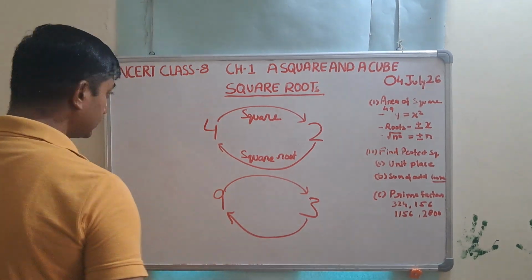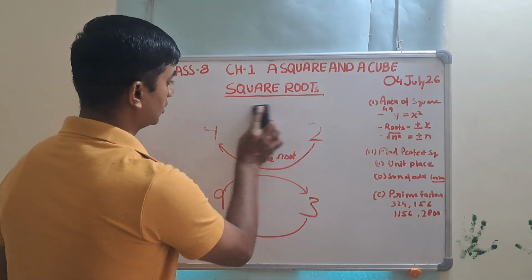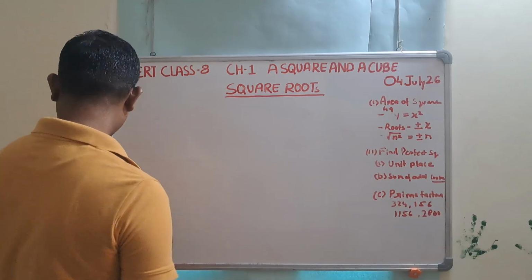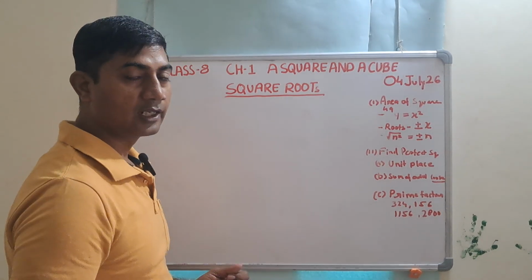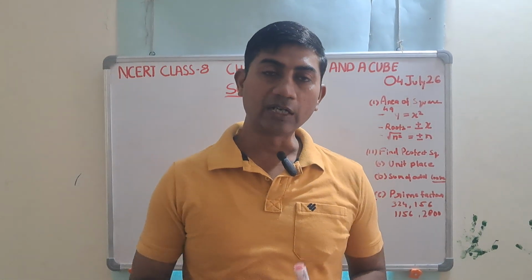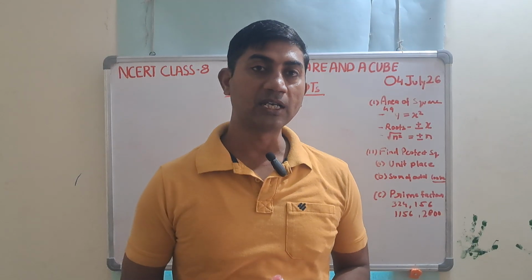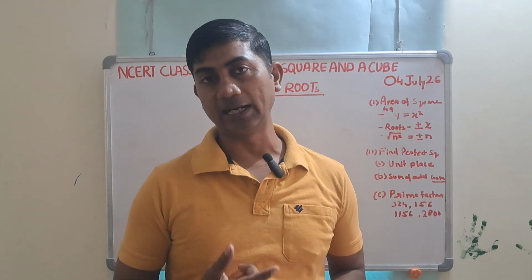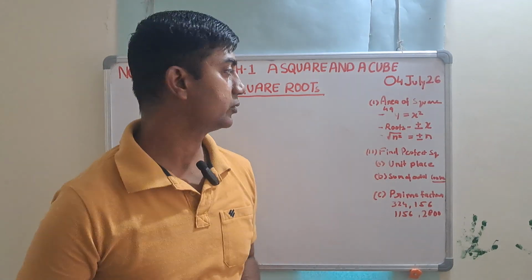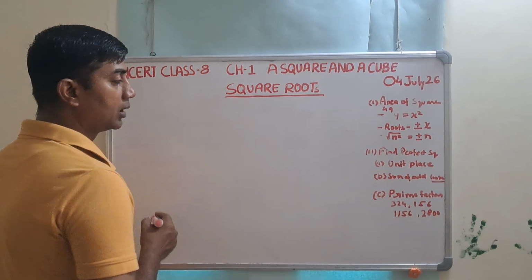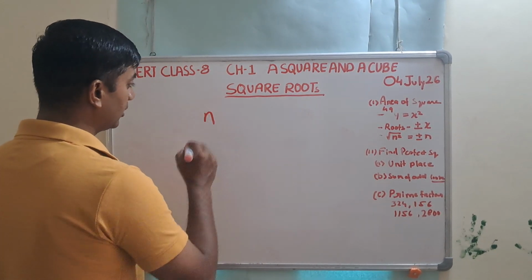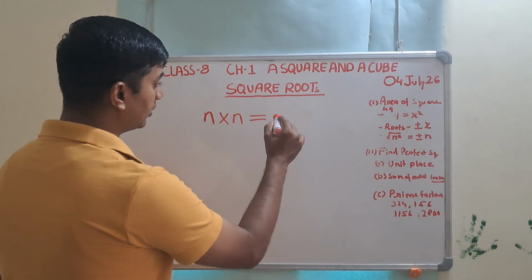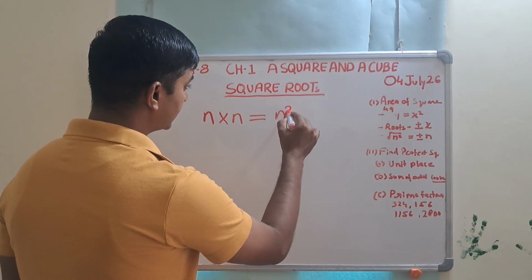The number which when multiplied by itself gives the perfect square, the number itself is the square root of that perfect square. Understood? If we have a natural number n and we multiply this number by n, we get a number which is n square.